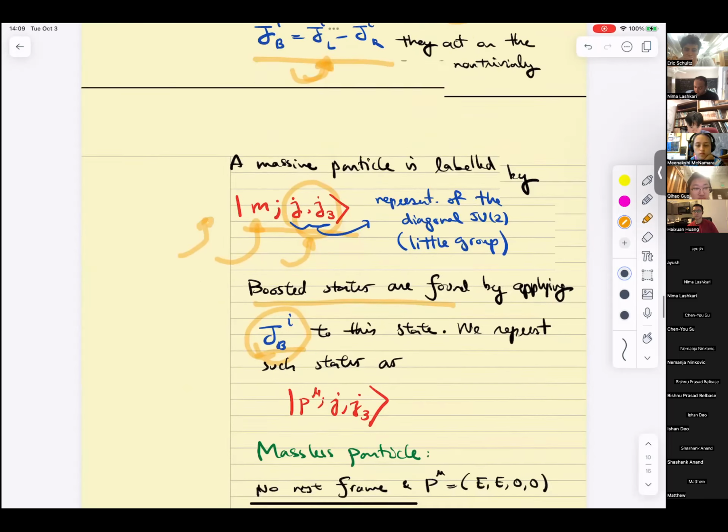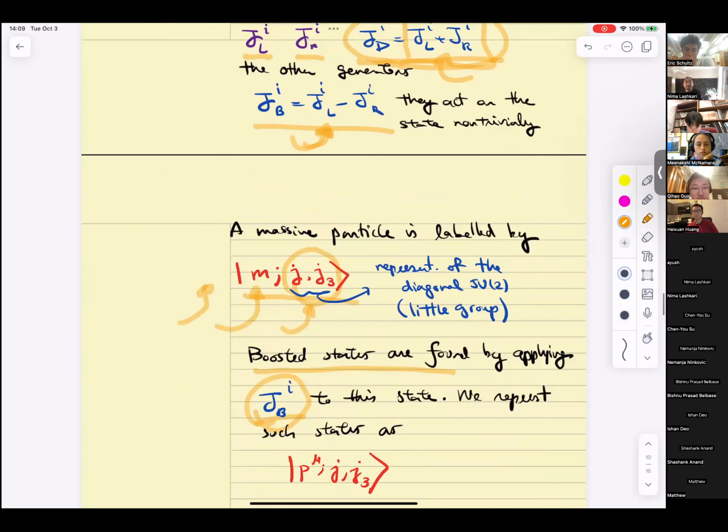Very good. So that was the story of the massless particle, massive particle. This is the full representation theory, and that is what deserves to be called a particle, an elementary particle.